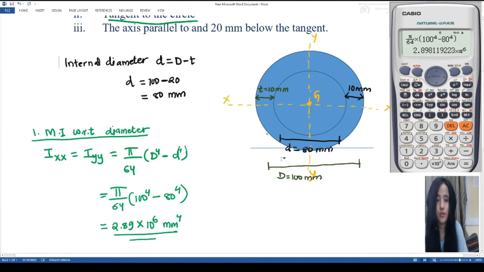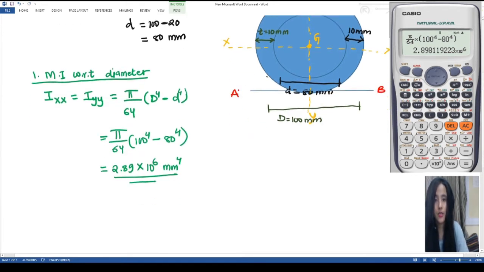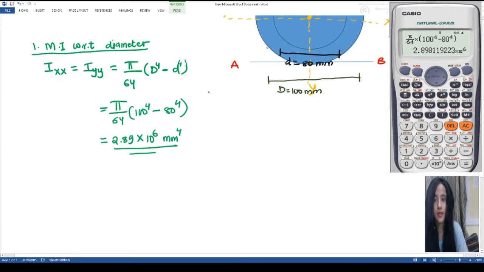Let this be the tangent, and let us name this tangent AB. Now this tangent AB is running parallel with this x-axis here.